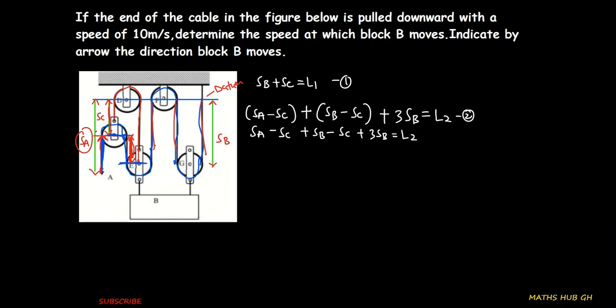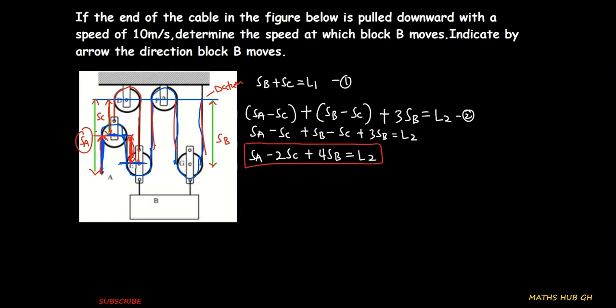When you simplify this, you're going to have SA minus 2SC plus 4SB. This should be equal to L2. That's the simplified form of equation 2.